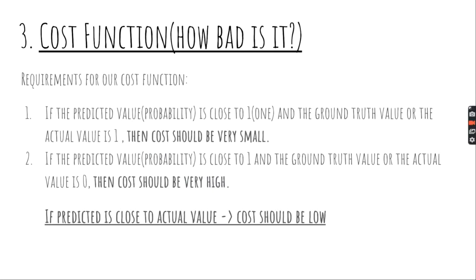The third thing is cost function. Now, in the case of linear regression, we were predicting continuous values. So the thing about the cost function is we have to first ask ourselves what the cost function is doing here. What it is doing is giving us one single number, a single metric that will tell us how good or bad our hypothesis is.